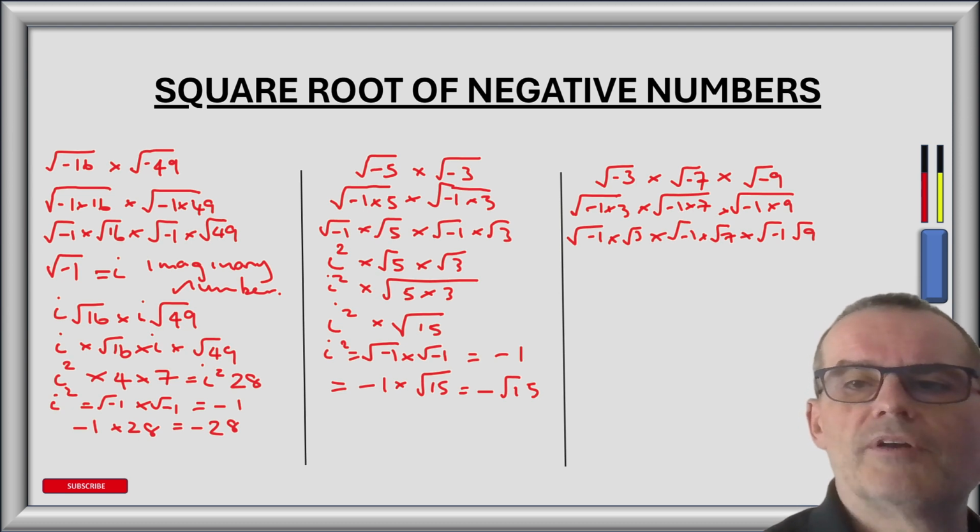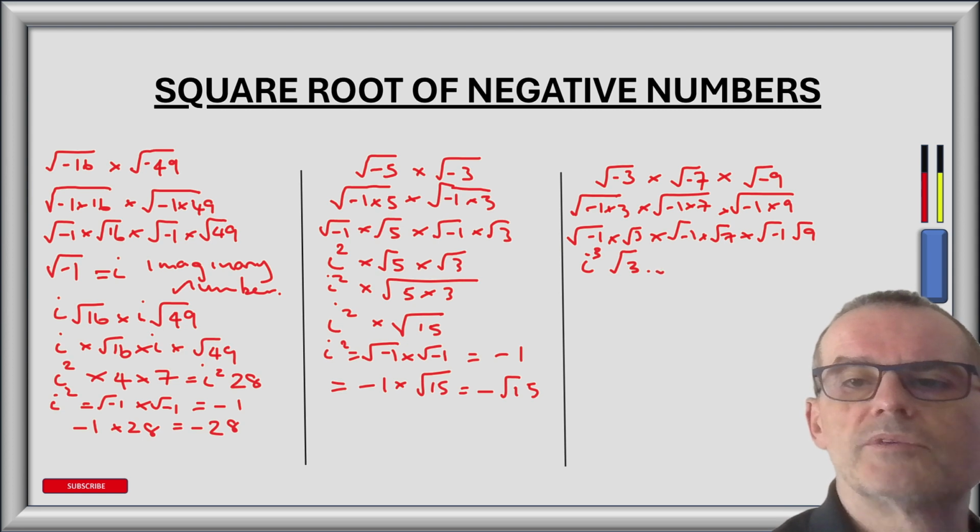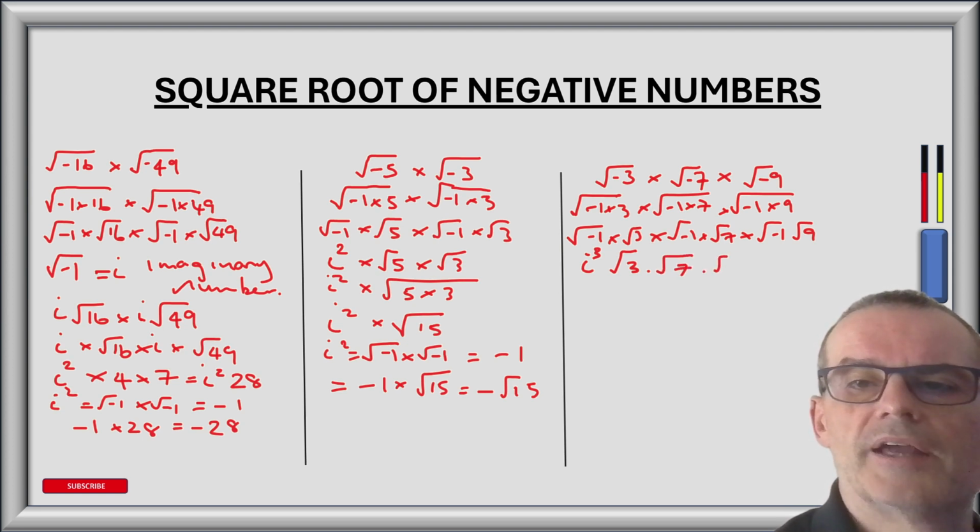We now have 3 root minus 1s involved here, so we can call this i cubed. So root minus 1 is i, we have 3 of them, so it's i cubed times root 3 times root 7 times root 9. We have a root 9 in here.